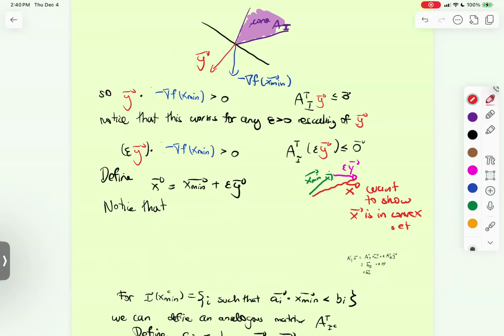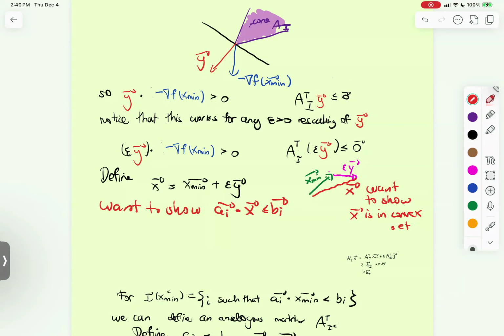Again, what I want to prove: being in the convex set means that a_i dot x is less than or equal to b_i for every i. This is a system of linear inequalities. That's what it means to be in the convex set. So I'll prove it in two separate cases.